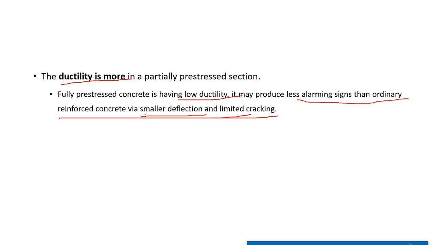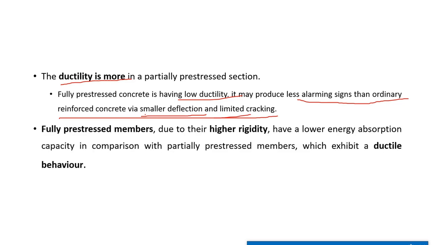And in the case of a partially prestressed section, the ductility of the section will be more since we provide conventional reinforcement too. And then the next point is fully prestressed members, due to their higher rigidity, have lower energy absorption capacity compared to partially prestressed members, which exhibit ductile behavior. So the energy absorption capacity of a partially prestressed member is more.